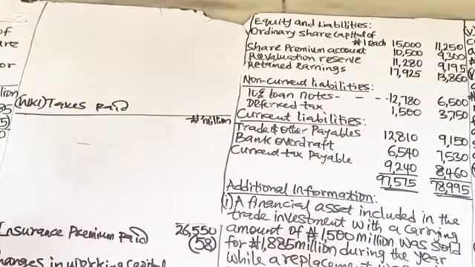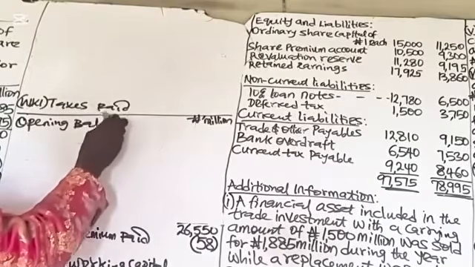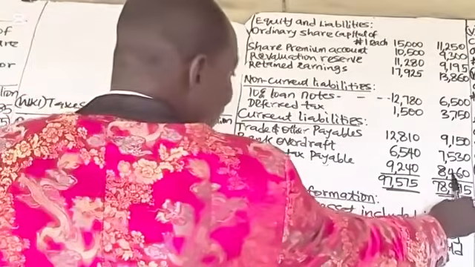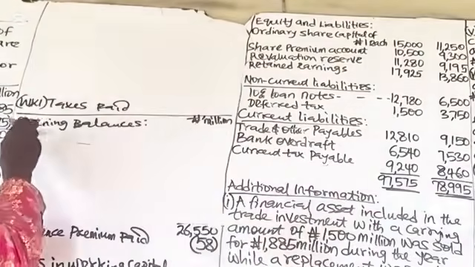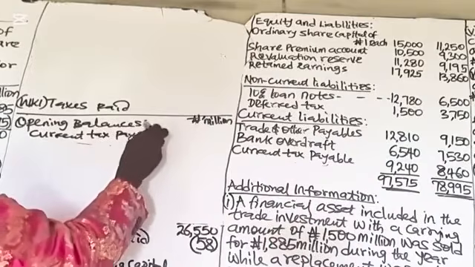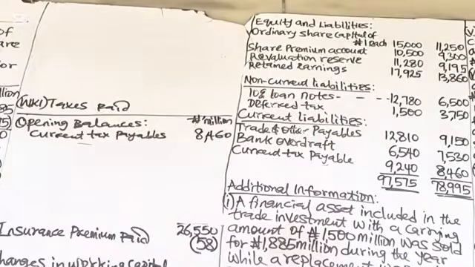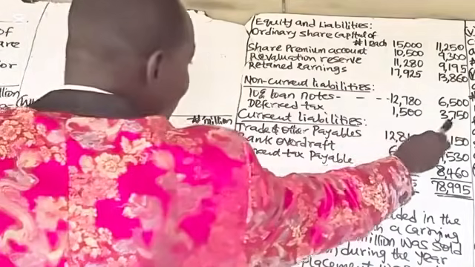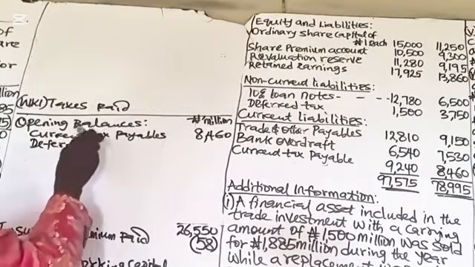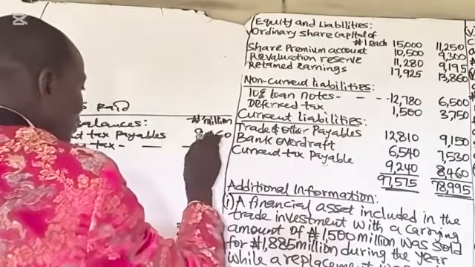Remember, in all our workings, we normally start with the opening balances. So we have current tax payable. The opening balance is 8,460. And then we equally have the deferred tax, the opening balance, 3,750.